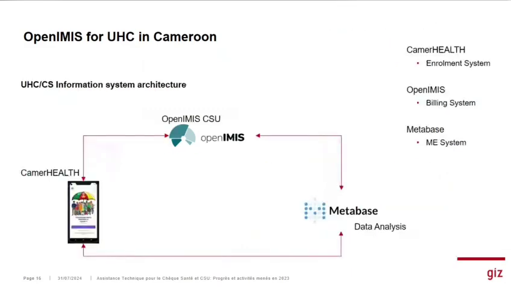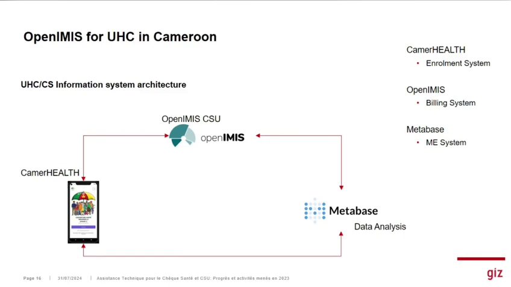So what is the architecture of the information system of the universal coverage for the moment? Here I'm not saying we didn't take all the systems which are available. We just mention the systems we are using right now in focus with openIMIS. So we have openIMIS working with Camera Health System, and we have openIMIS working with Metabase. How does it work? We have a local system for enrollment here.